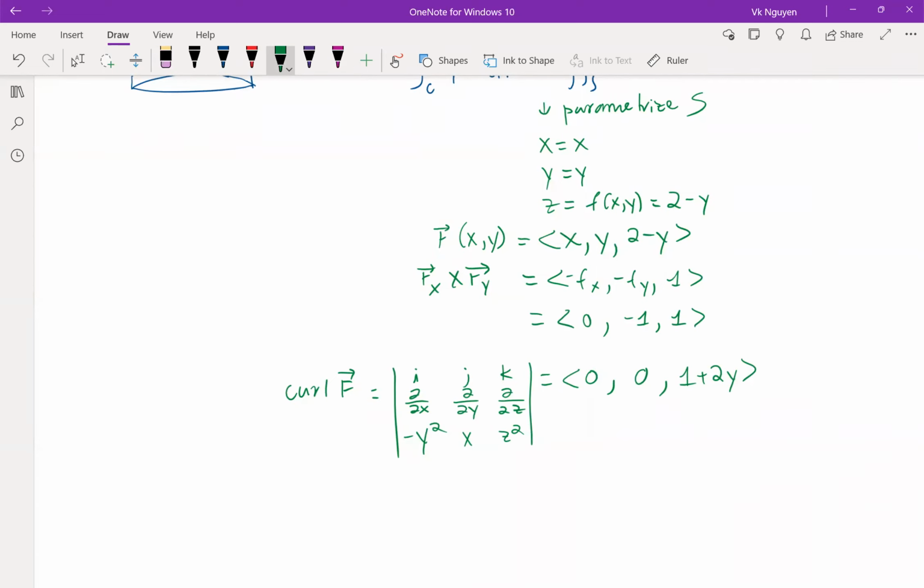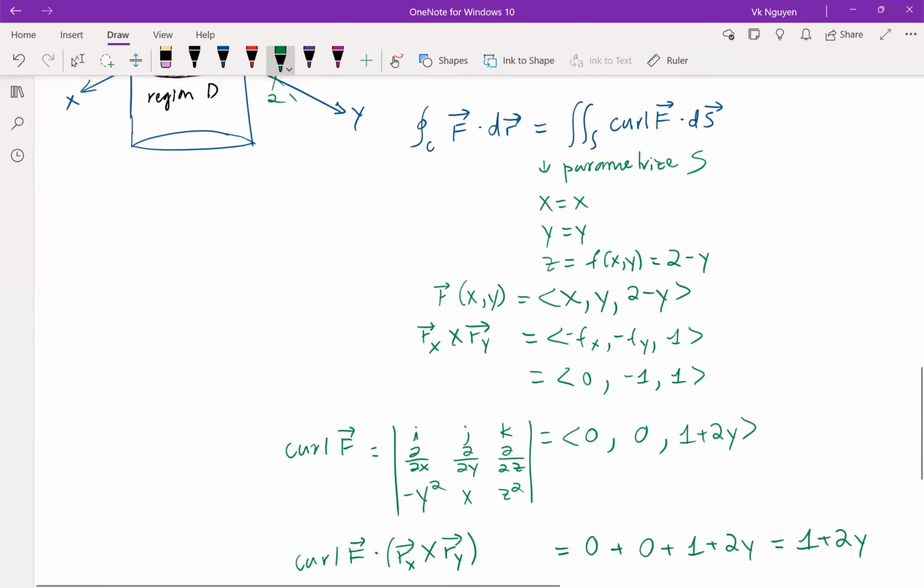Now we do the curl F dot the normal vector. Look at this here: 0, plus 0, plus 1 plus 2y. So 1 plus 2y.